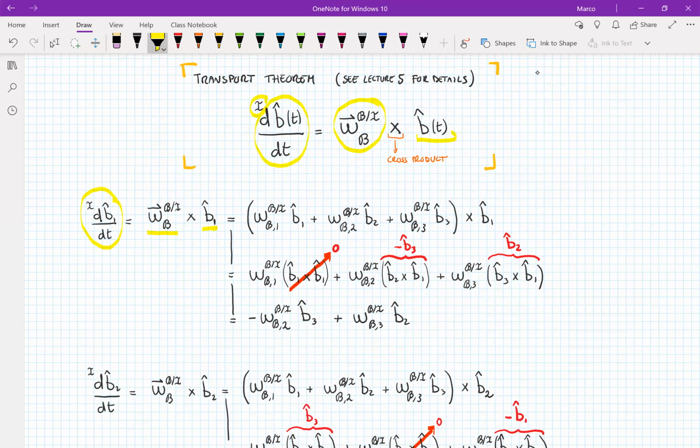Now if we take the cross product, I'm not going to go into details, I'm just going to point out that the cross product of a vector with itself is 0, and the cross product of b1 and b2, for instance, is b3. Then b1 cross product b3 is b2.